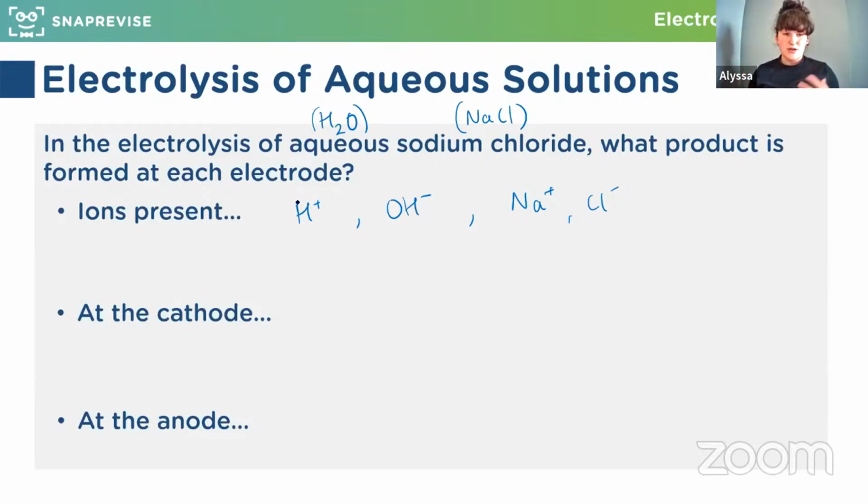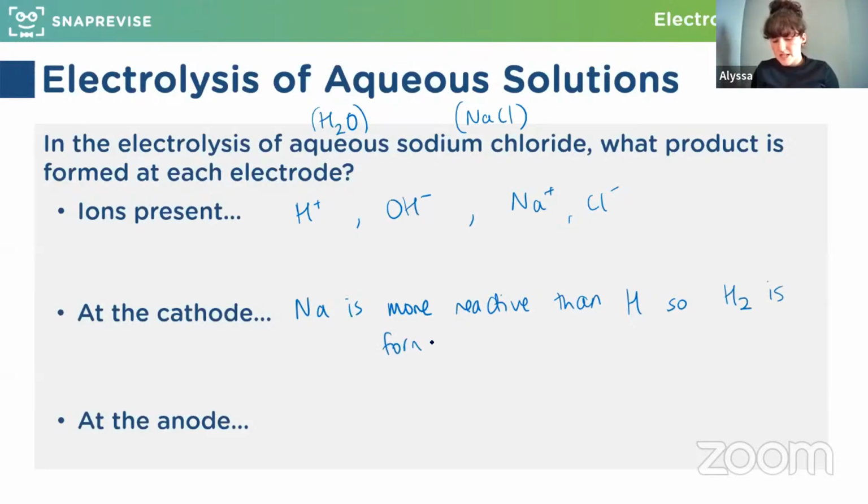So at the cathode, fantastic, Zoeb, H2 is going to be formed because sodium is more reactive than hydrogen. So H2 is going to form, as per our rules on the previous slide.